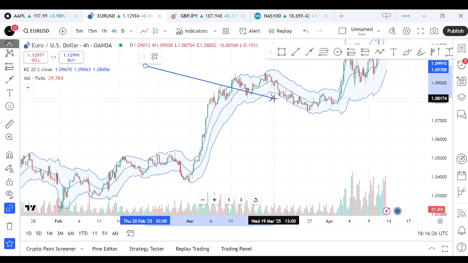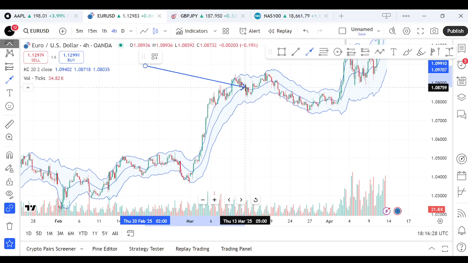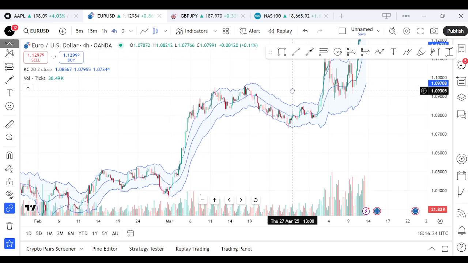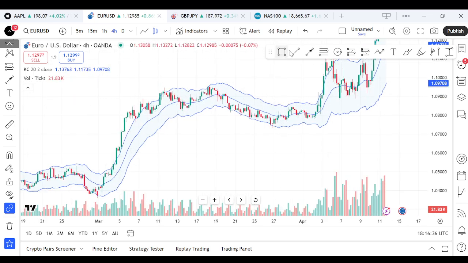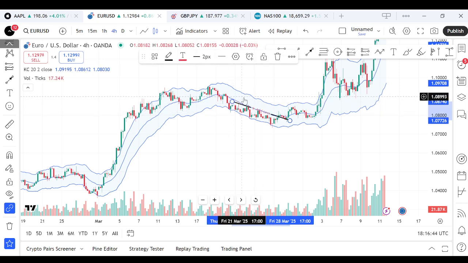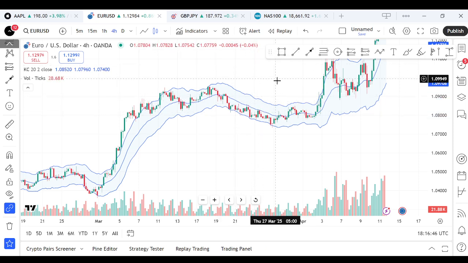So the middle line often acts as a dynamic support or resistance level during trending markets. You can see this right here, this trend line, and this trend line is based on the middle line. So that is another thing you should note about the Keltner channel.